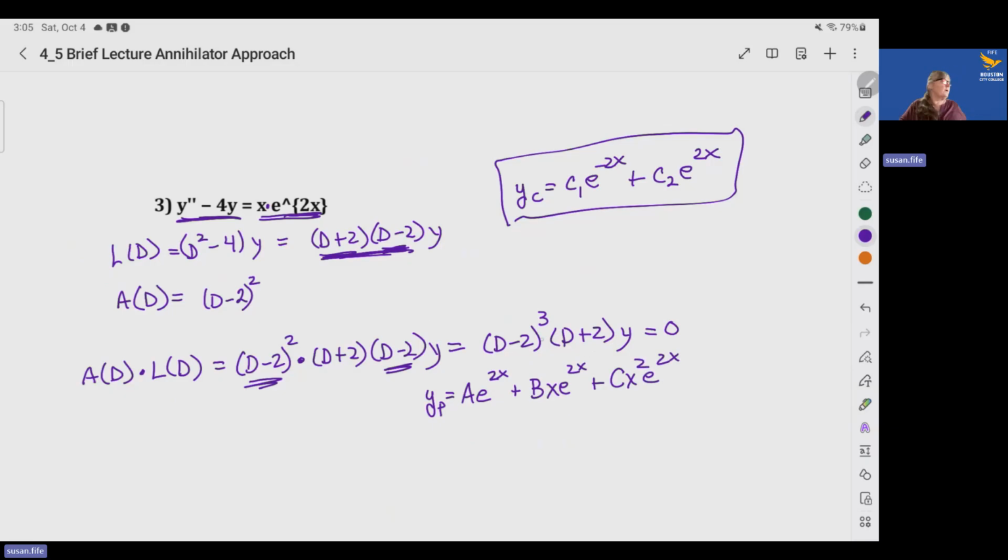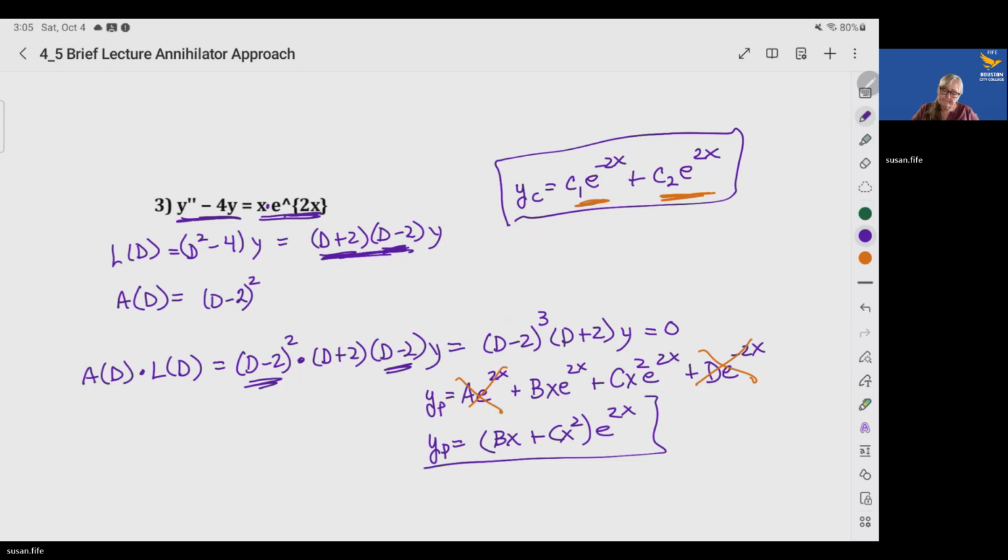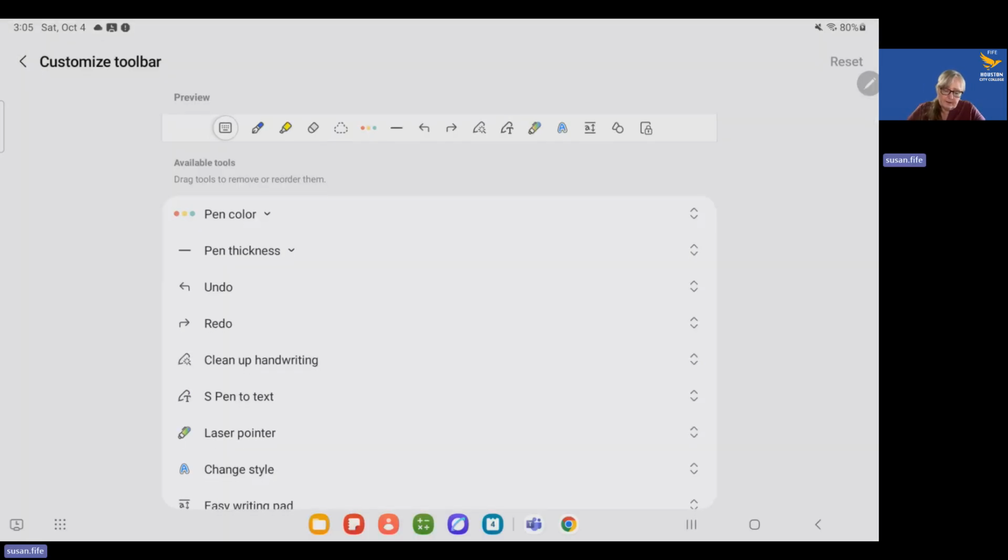You stop one degree less than the exponent. And then from D plus 2, we're going to get e to the negative 2x. But we're going to take out e to the negative 2x and e to the 2x, to leave us with our true particular function. So the particular function, I think I'm going to factor out the e to the 2x, and I have bx plus cx squared times e to the 2x. That's going to be my y sub p. I need my second derivative.